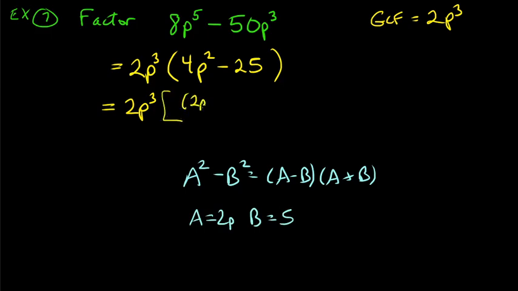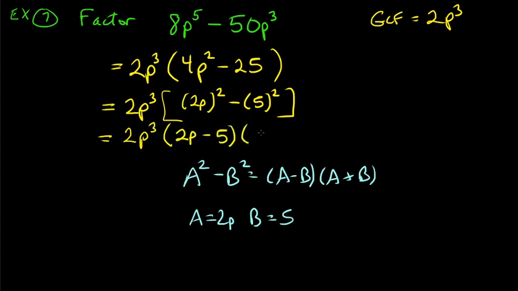This is 2p squared minus 5 squared. No cubes here. Well, there's this cube, but that's in the GCF. There's nothing else to do with that. Okay, so 2p cubed times a minus b is 2p minus 5, and then a plus b is 2p plus 5. And so that's it.